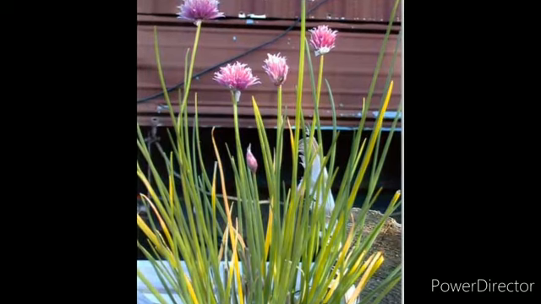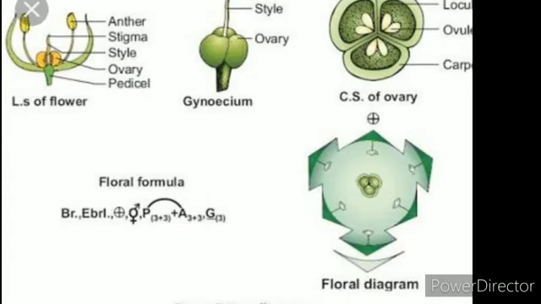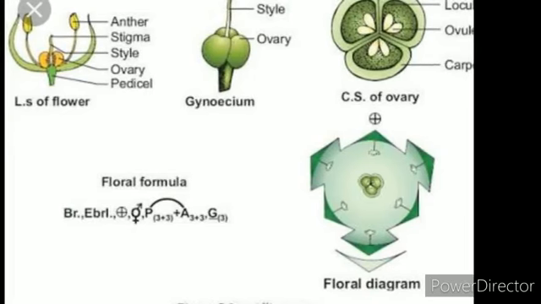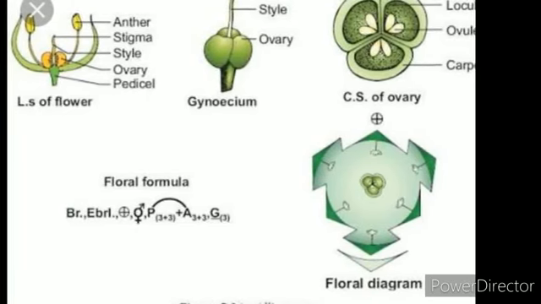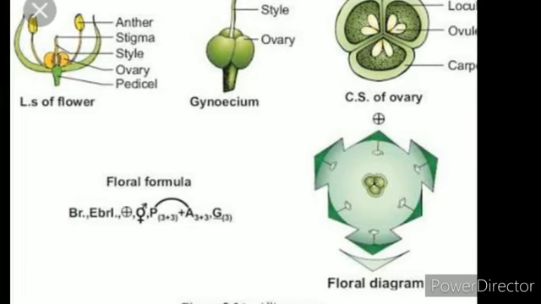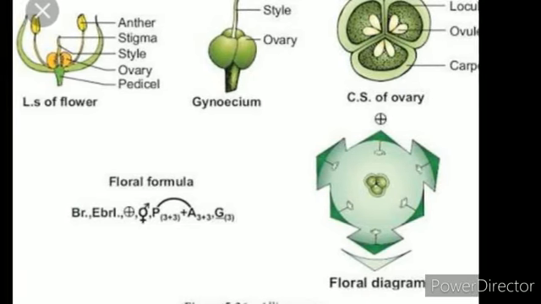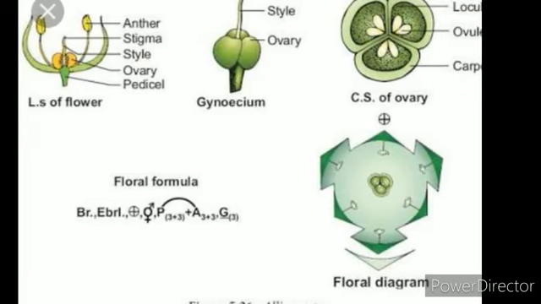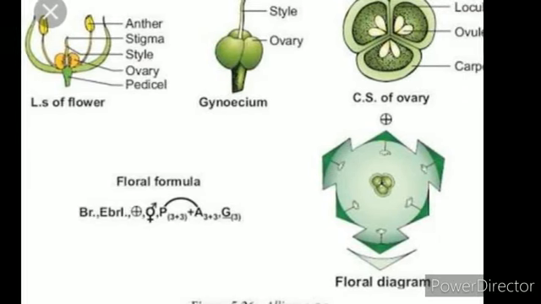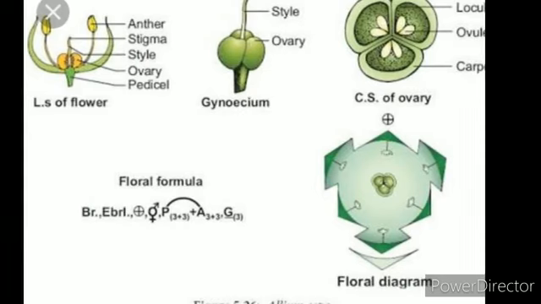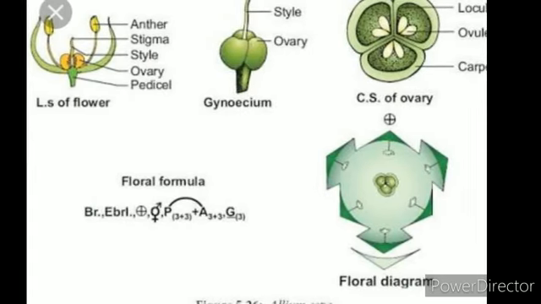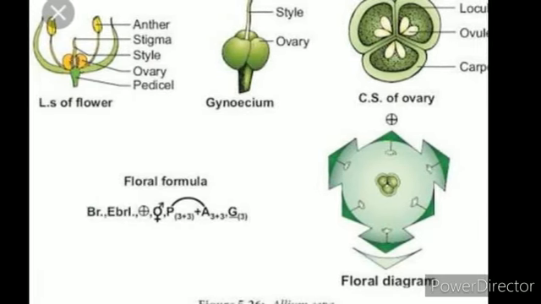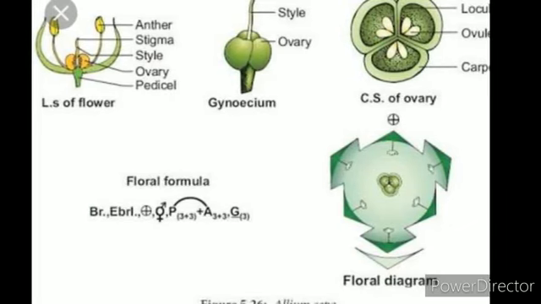Now coming to the androecium, the male part, there are 6 stamens in 2 whorls, 3 plus 3, free sometimes, and of course epiphyllous also. Anthers are dithecous, basifixed, introrse, and dehiscence is longitudinal. So this is the androecium in the Liliaceae family.